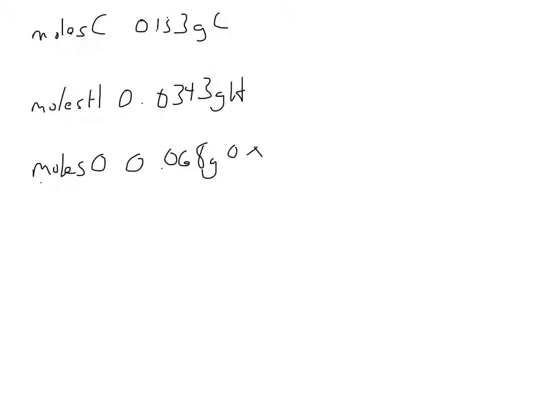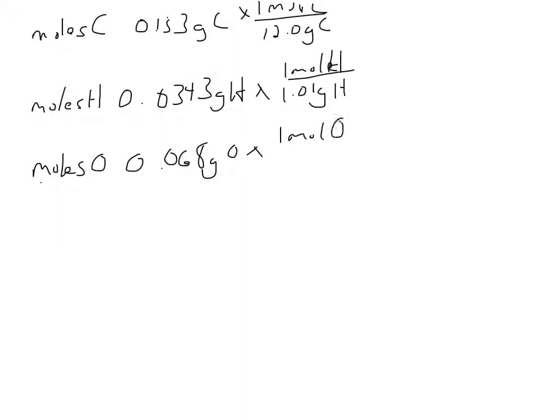Then we're just going to multiply these into moles. In 1 mole of carbon, we have 12.0 grams of carbon. In 1 mole of hydrogen, we have 1.01 grams of hydrogen. And for oxygen, in 1 mole of oxygen, we have 16.0 grams of oxygen.